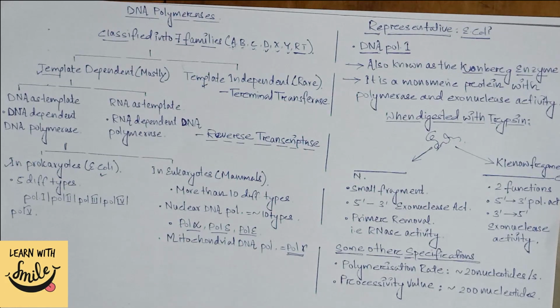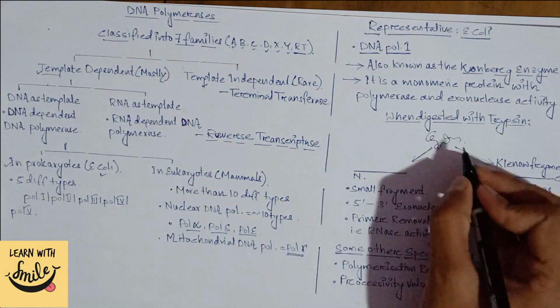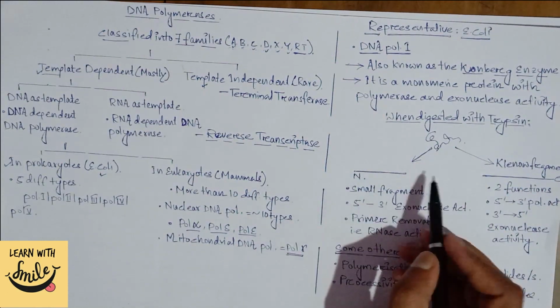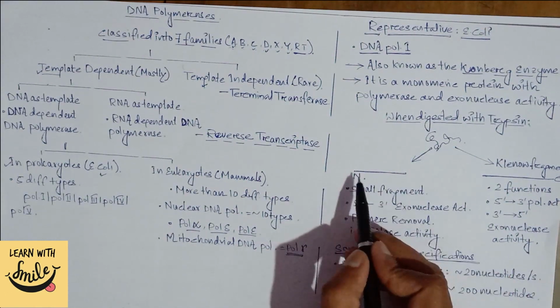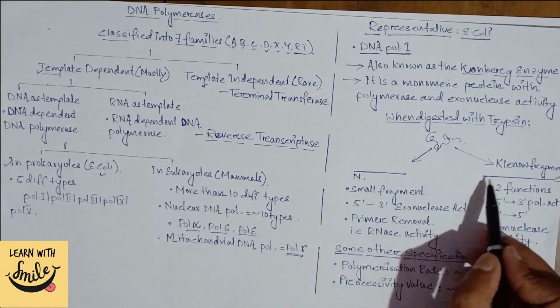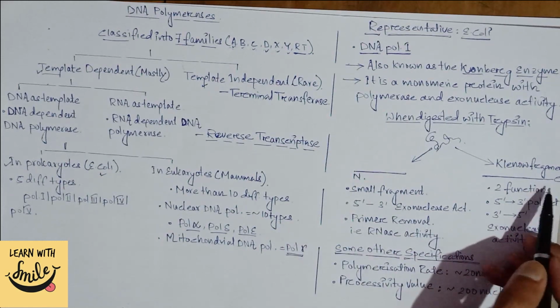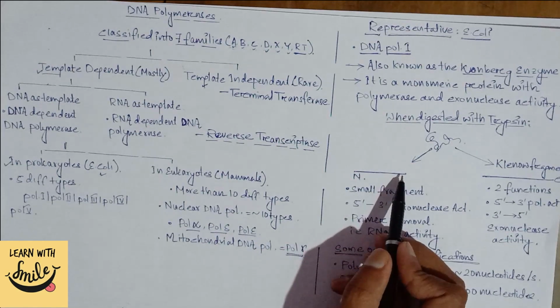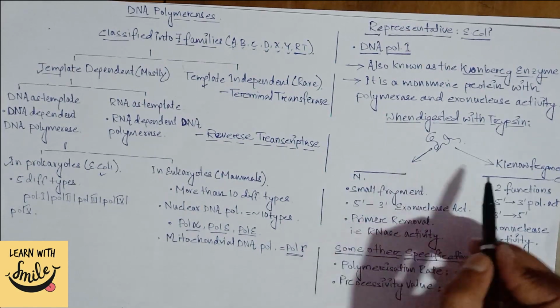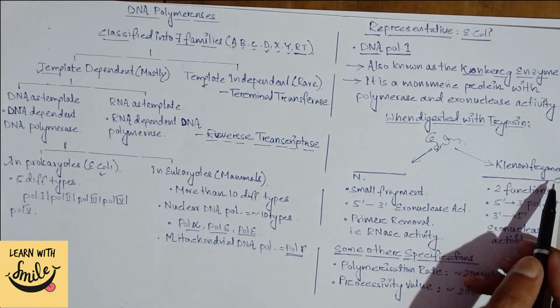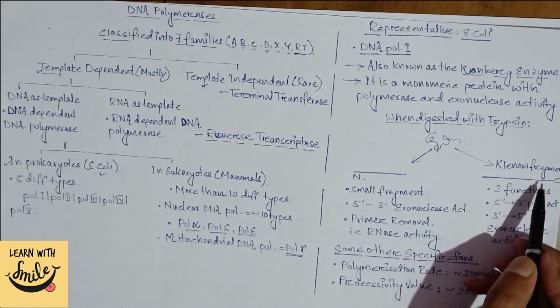Now, when a particular experiment was performed, that is when DNA polymerase 1 was digested with trypsin, this monomeric protein gave us two different segments. One segment contained the amino terminal and the other segment contained the carboxy terminal. The segment that contains the amino terminal is a shorter segment, and the segment which contains the carboxy terminal is a relatively longer segment.